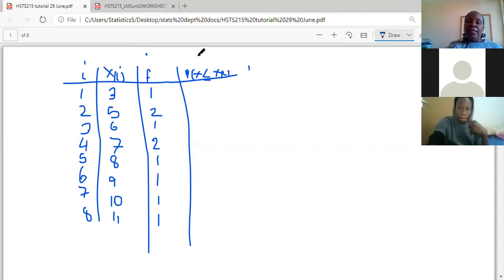So the proxy of this cumulative probability is (i minus half) over n. So we subtract a half, the continuity correction, from the cumulative frequency.